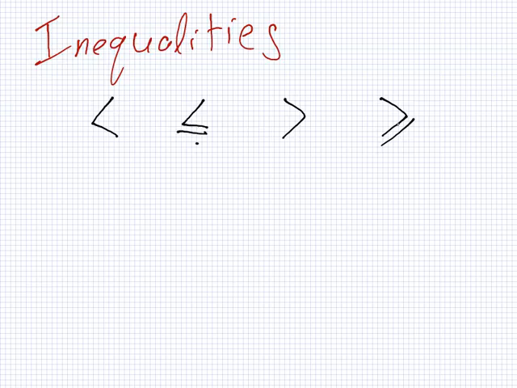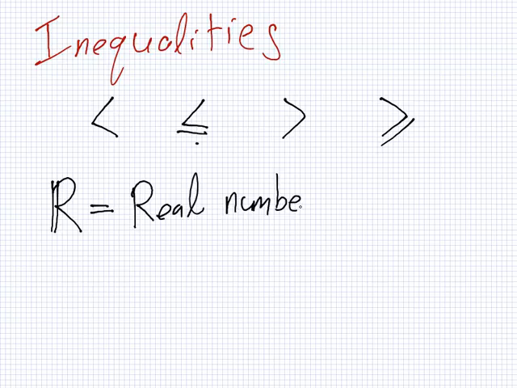Okay, so before we can start with inequalities, we just need to talk a little bit about some basic sets. So the set R, does anyone know the name of this set of numbers? Real numbers, yes. And what are the real numbers? 1, 2, 3.